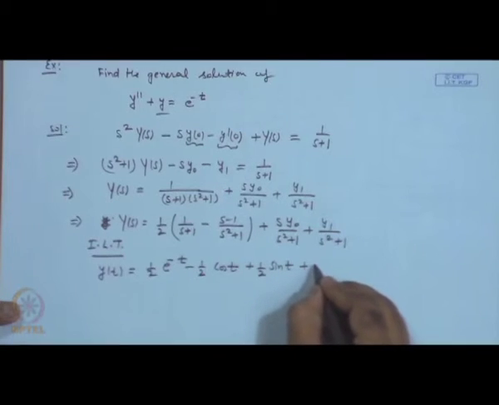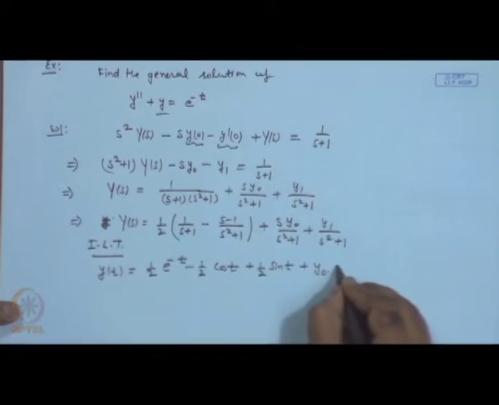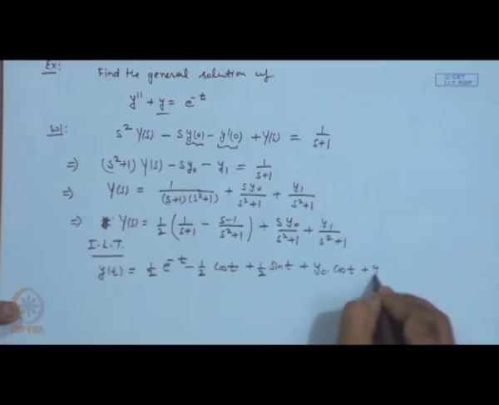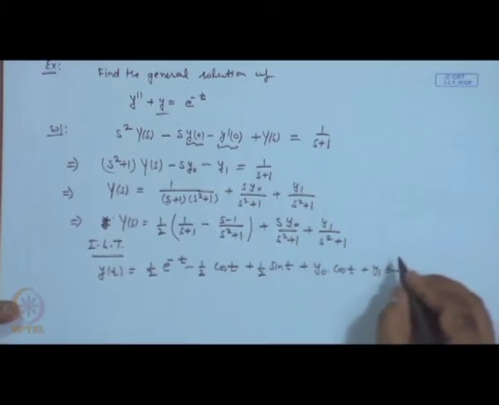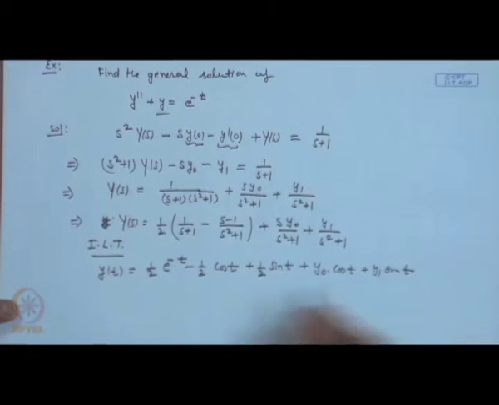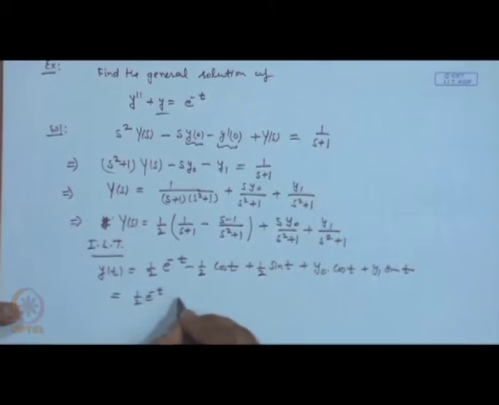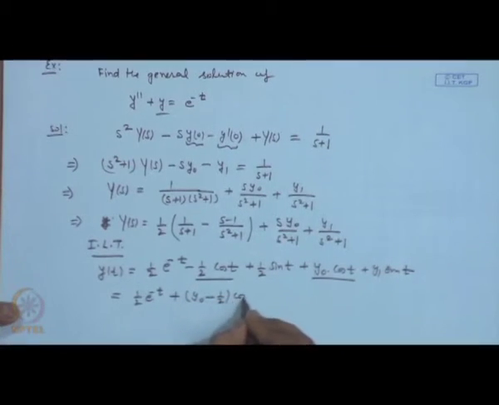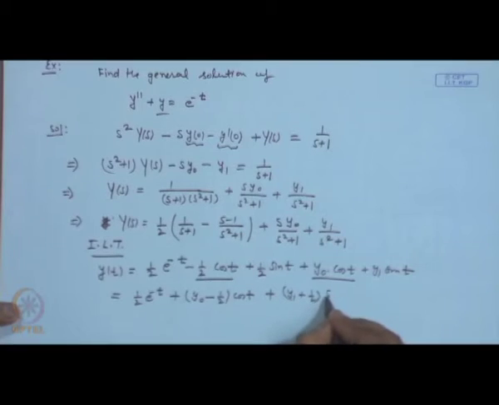Here again we have y0 with cos t, and y1 with the Laplace inverse of 1 over s squared plus 1, that is sin t. So, we have half e to the minus t, plus y0 minus half cos t, plus y1 plus half sin t.